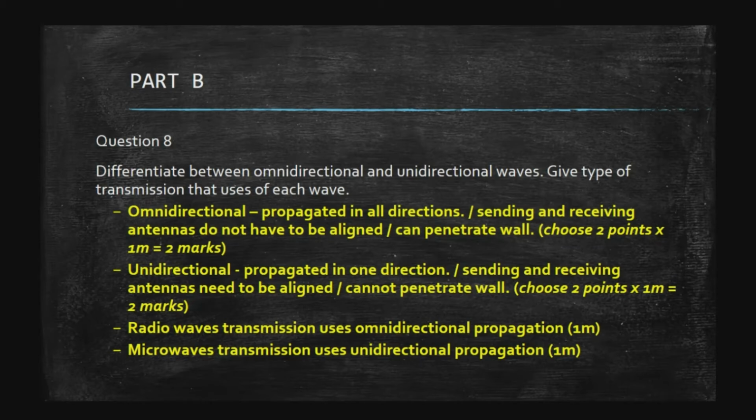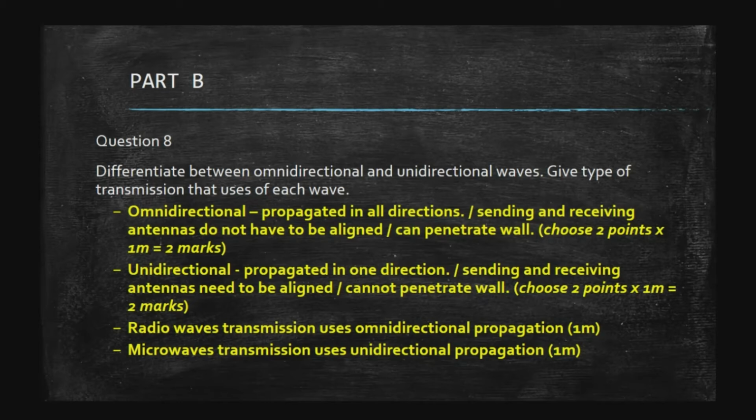In omnidirectional, it propagates in all directions, so its sending and receiving antennas do not have to be aligned, and it can penetrate walls. For unidirectional, it propagates in one direction. Sending and receiving antennas need to be aligned.